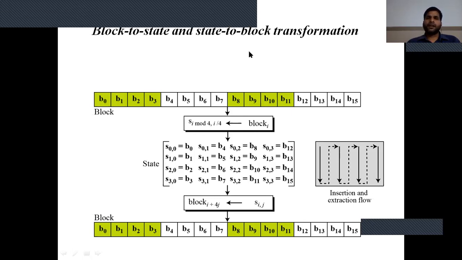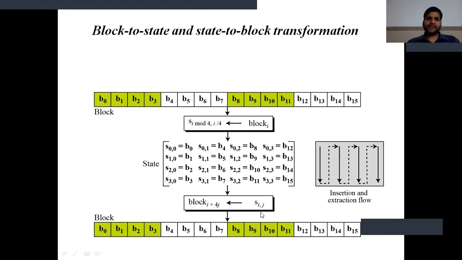Similarly, the state to block transformation: Sij is converted into a block like block i plus 4j. Suppose S00: i value 0, 4 into 0, block equals 0, stored in B0. S10 means i value 1, j value 0, so i plus 4j is 1, stored in B1.